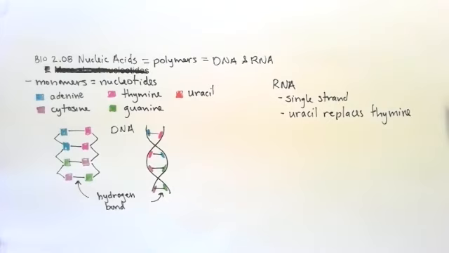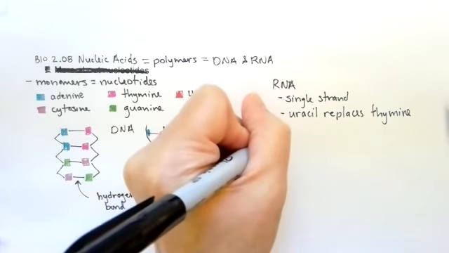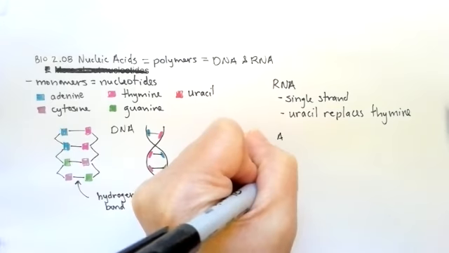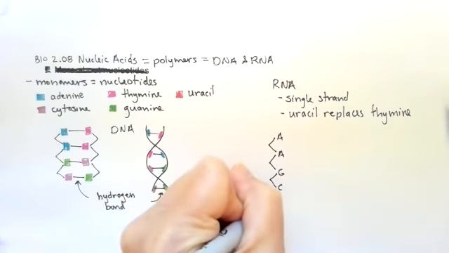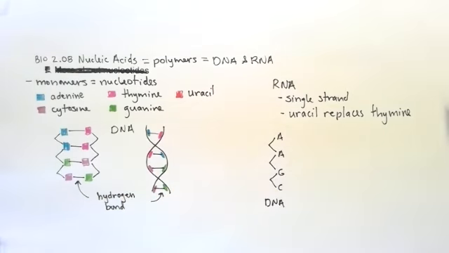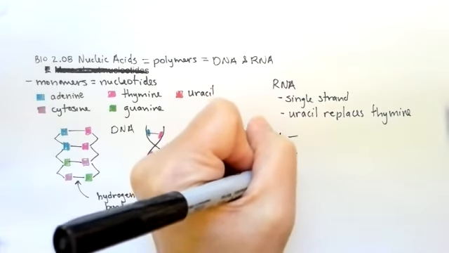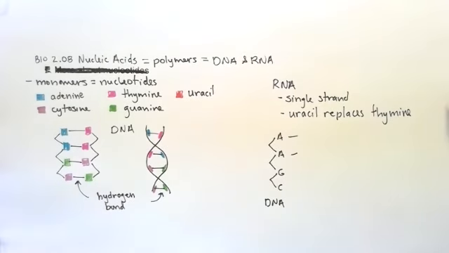So if I took half of this DNA, so let's say I've got my initial DNA, and I'm just going to use letters here. So I've got an adenine, an adenine, a guanine, a cytosine. If this is DNA, if I come in and make a copy, shoot, hold on.